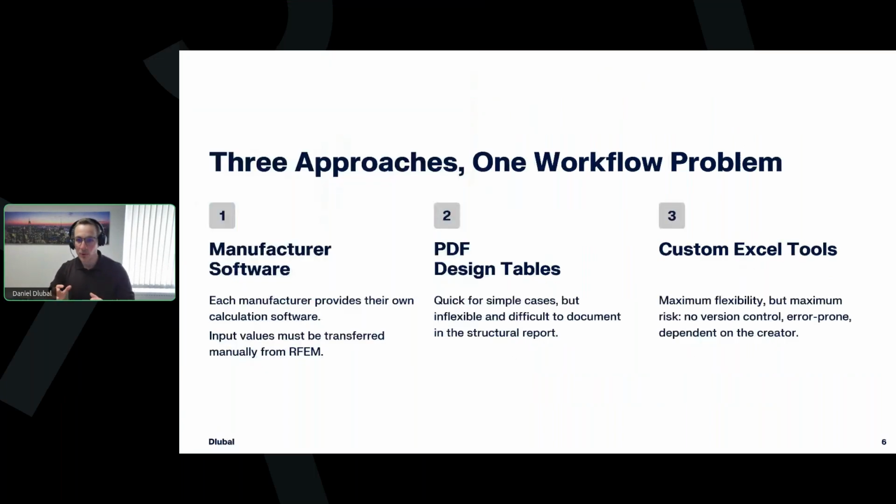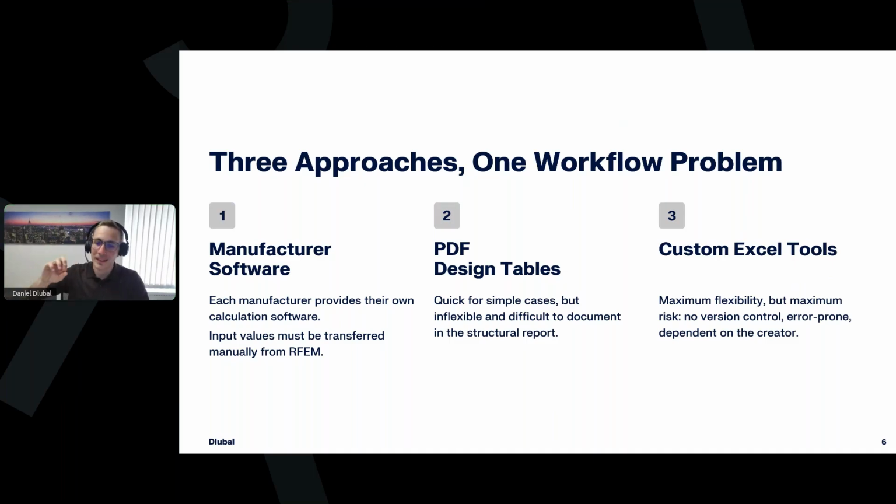Therefore, there are three approaches and basically one workflow problem. The one thing is that you go to the manufacturer software. I know that a lot of manufacturers and suppliers offer already some great tools. They're definitely great. And you export the forces, the geometry, the support reactions to their tools and do the design.